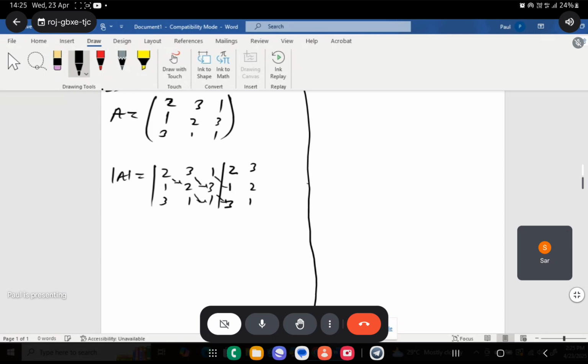So the determinant of A becomes 2 times 2 times 1, right? 2 times 2 is 4, times 1 is still 4, plus 3 times 3 times 3, that's 27, plus 1 times 1 times 1.